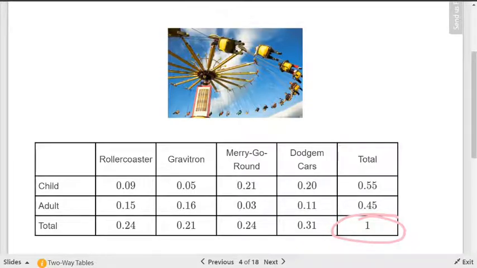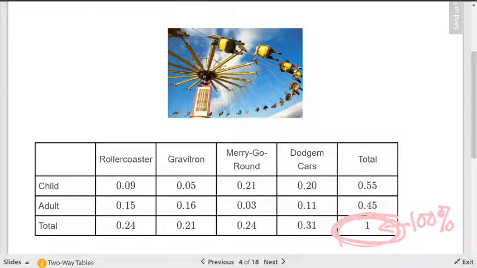So 1, or 100%. If it was given as a percent, it would give you 100%. So you'll know if they're talking about probabilities instead of raw data, because the total, if they give you all probabilities, will always be 1 or 100%. You can't break people into little pieces.